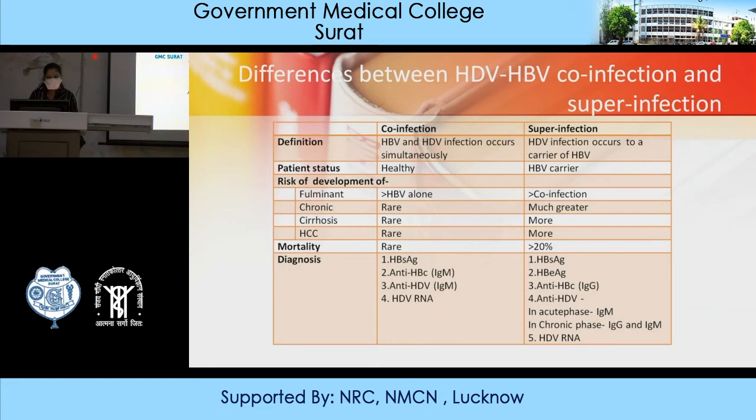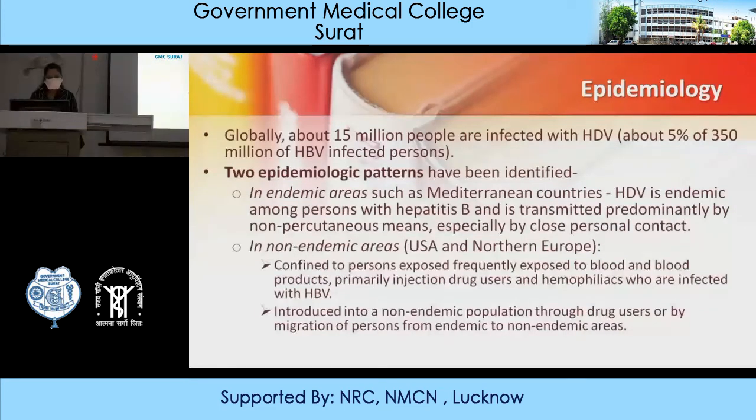Coming to the epidemiology, globally about 15 million people are infected with hepatitis D virus. Two epidemiological patterns have been identified. In endemic areas such as Mediterranean countries, HDV is endemic among persons with hepatitis B and is transmitted predominantly by non-percutaneous means, especially by close personal contact.